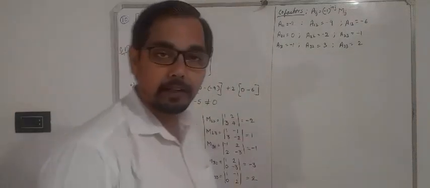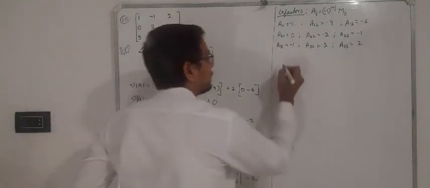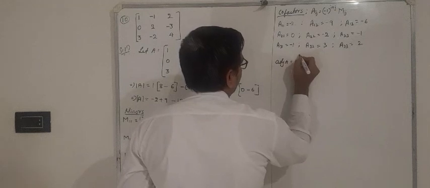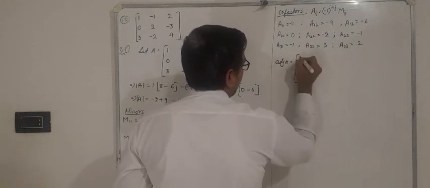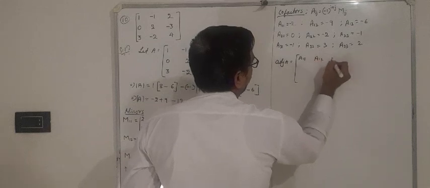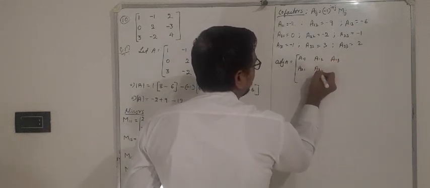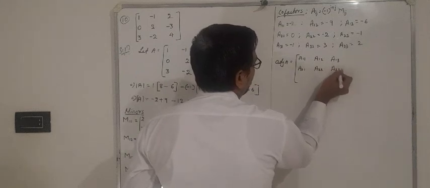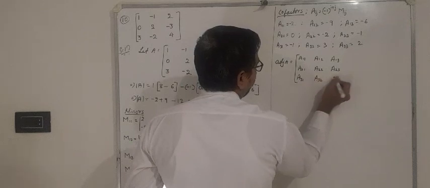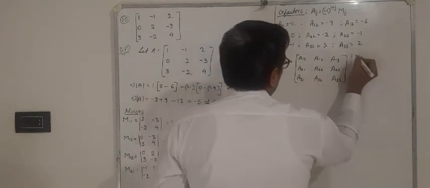Now we need to find adjoint A, then we need to find the value of A inverse, right? Adjoint A is the matrix A11, A12, A13, A21, A22, A23, A31, A32, A33 transpose.